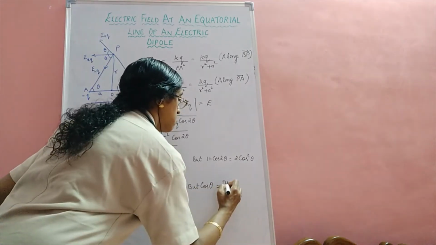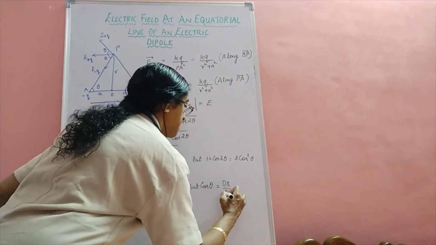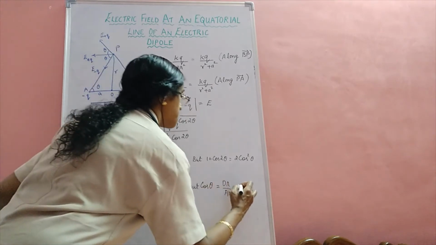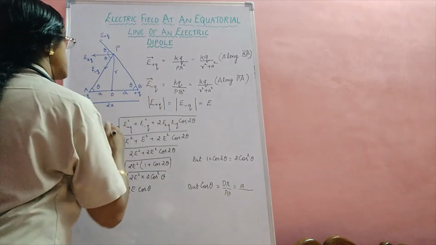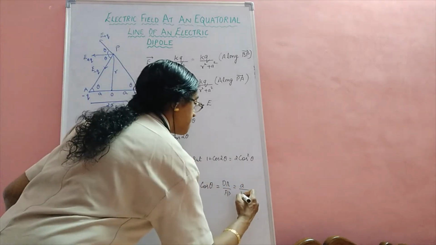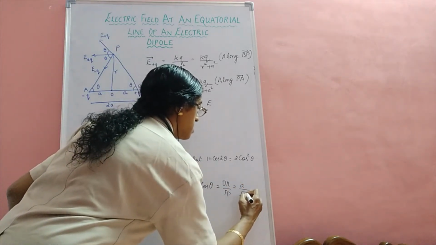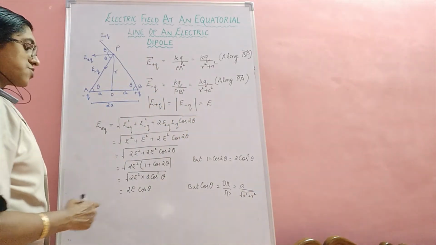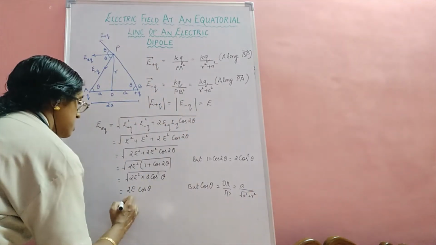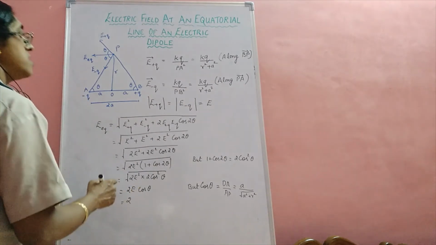It is OA upon AP, which is equal to A upon under root of A square plus R square. We'll substitute this value. It would be equal to 2, E is how much?